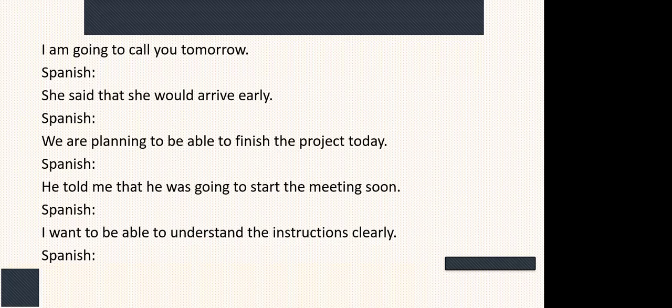What about number 4? Me dijo que comenzará la reunión temprano. Alrighty. Very good. Now, do you have any comment on this? Omission and addition? Is there anything that you'd like to say or comment for everybody?